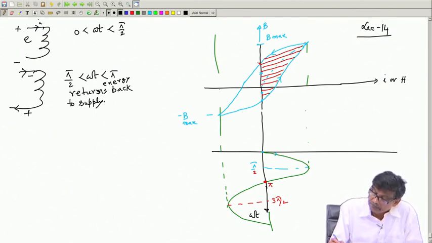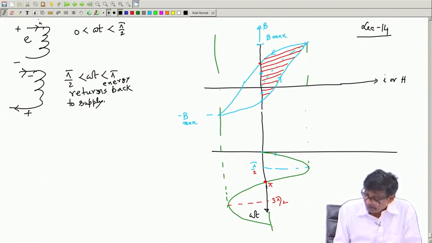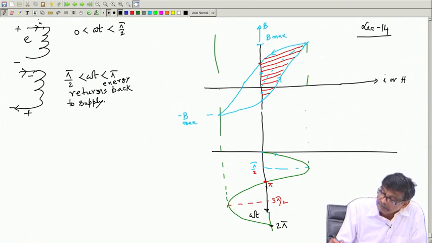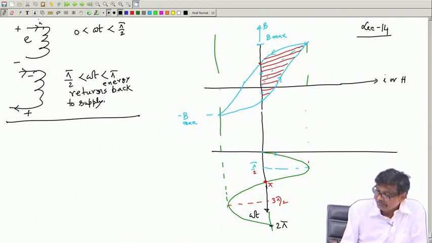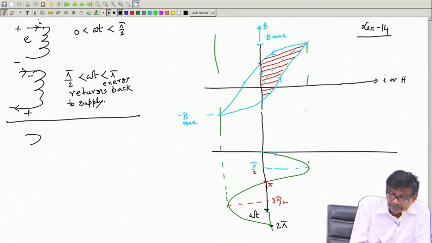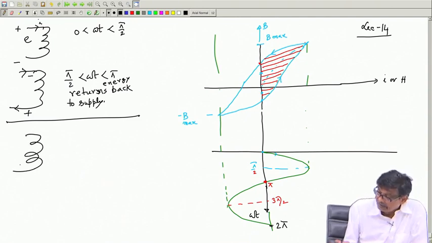Similarly, if between pi and 2 pi you consider, it will absorb energy, okay, let me draw this. So, this is the first positive current half cycle. Then the negative one will be between omega t of pi and 3 pi by 2.